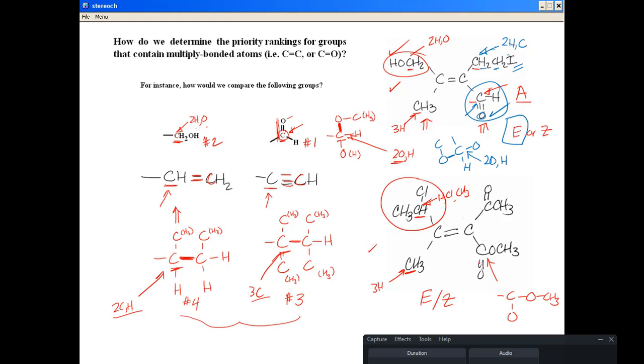So now I'm going to replace this carbon-oxygen double bond with 1, 2 carbon-oxygen single bonds and this OC double bond like that. So what's attached to this carbon right here? 3 O's. What's attached to this carbon here?